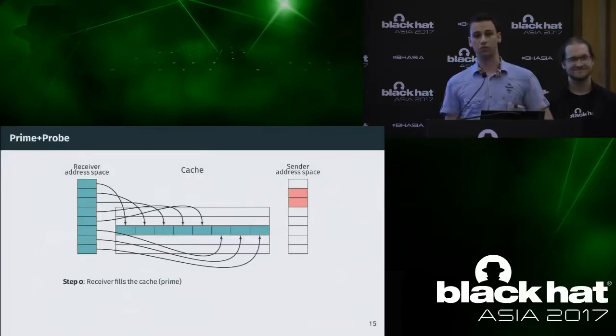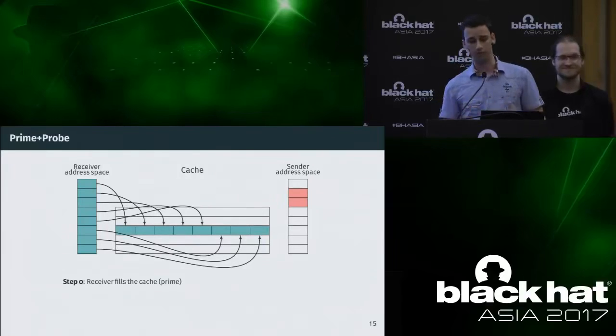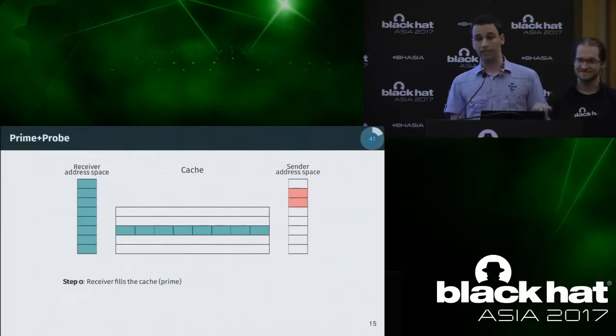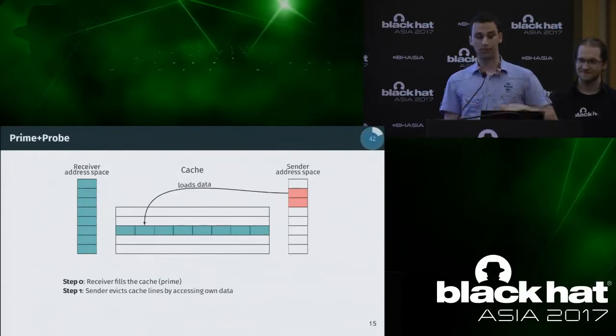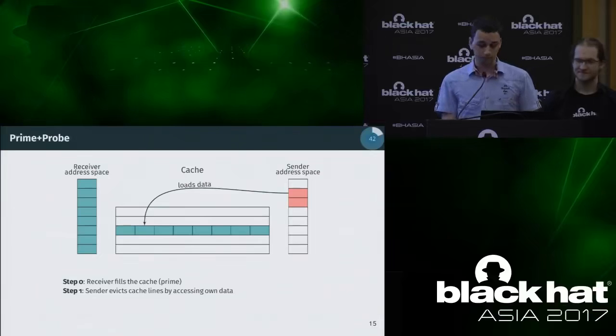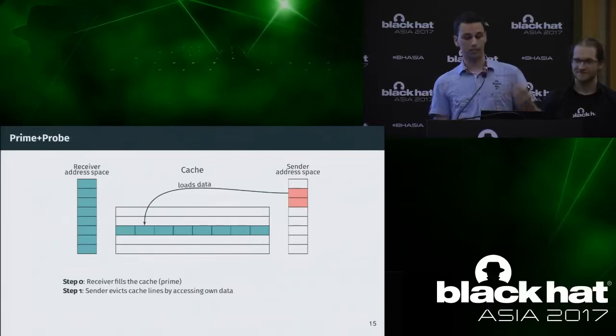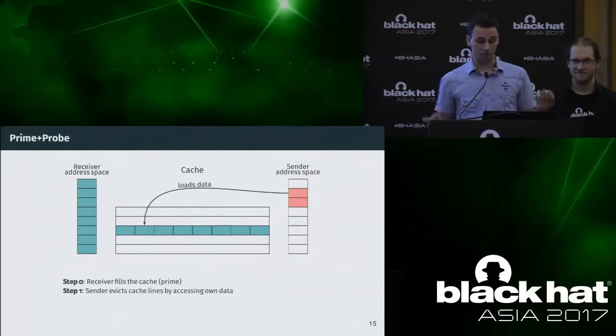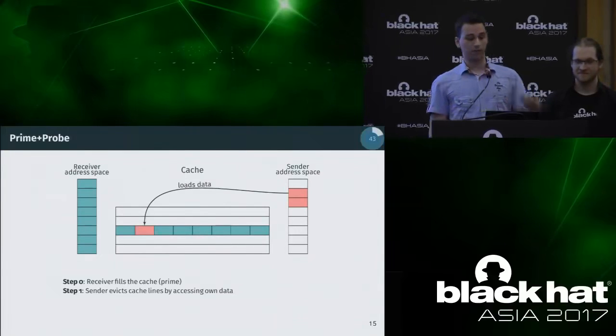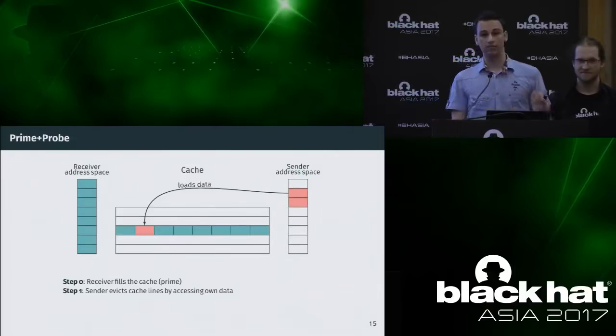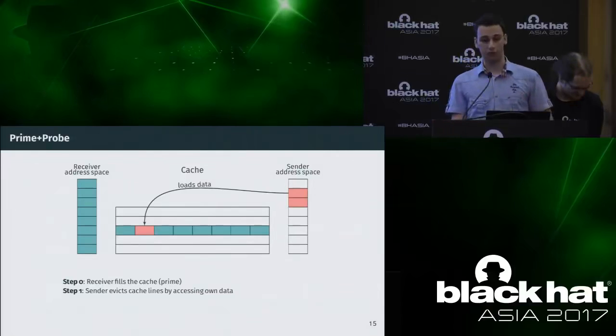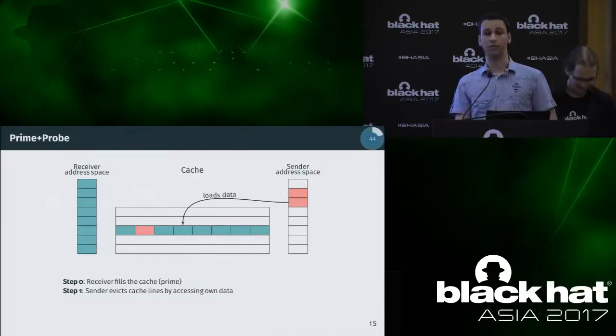If the sender wants to tell the receiver, hey, I'm here, it takes other addresses that also map to the same cache set. The sender accesses addresses mapping to the same cache set, and as the cache set is already full, what will happen? The receiver's data is evicted from the cache, thrown out and replaced by the sender's data.